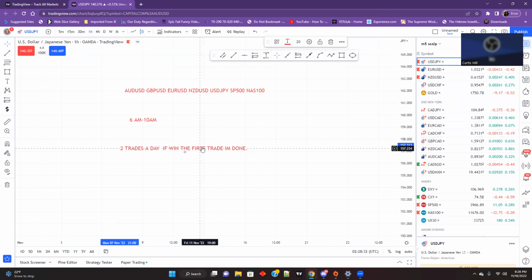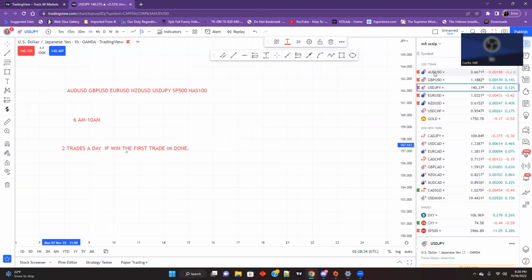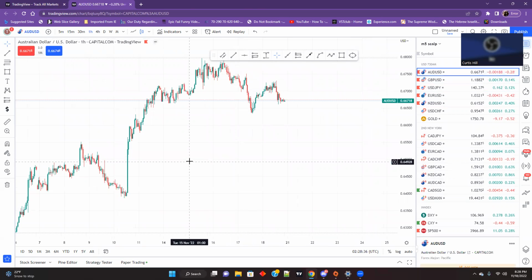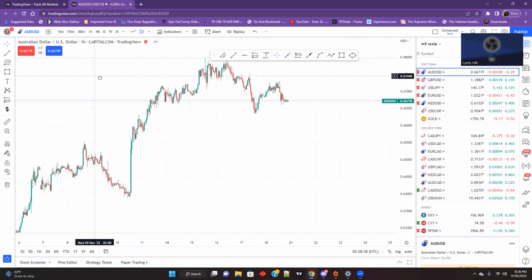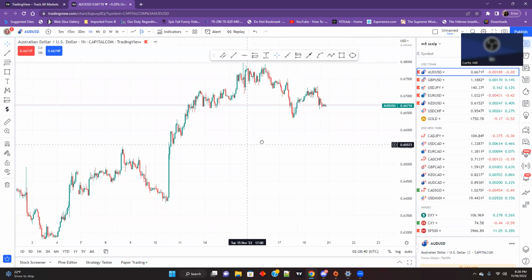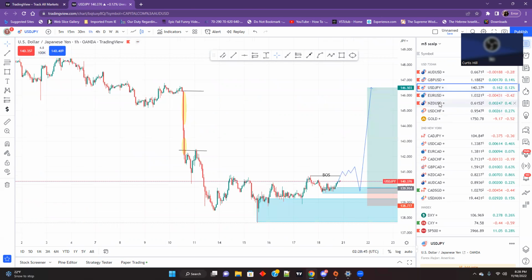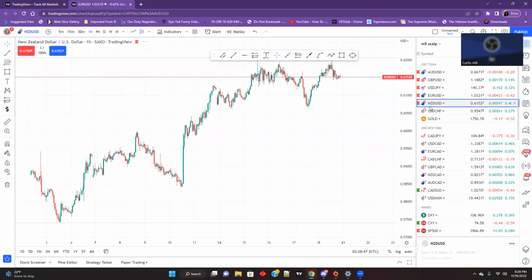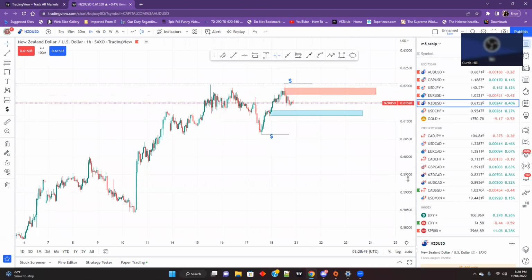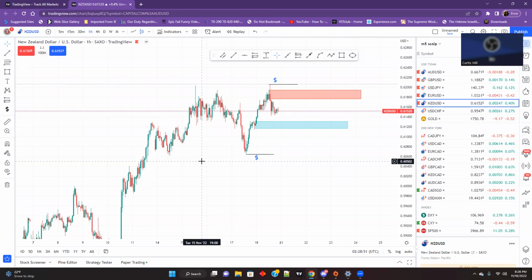Now I'm gonna give you an example. Today, let's go over to, which one was it? It was New Zealand dollar. So this is the last example.